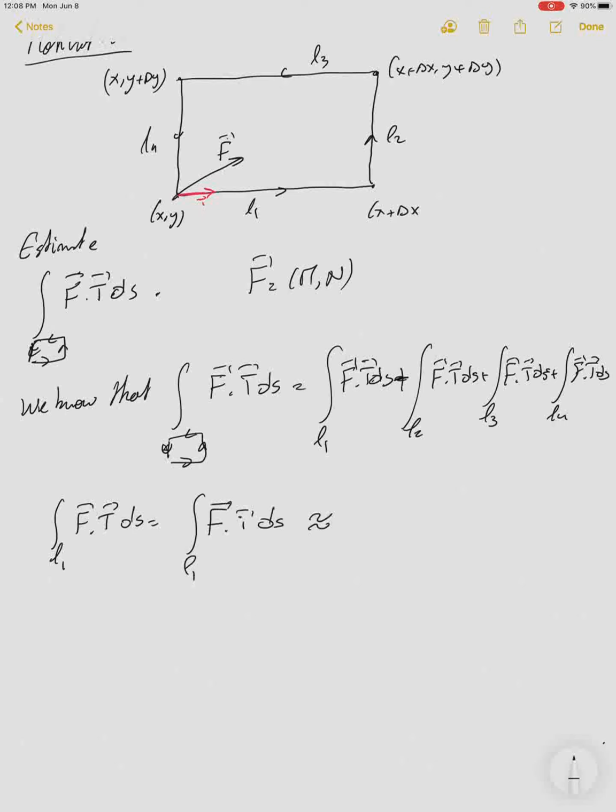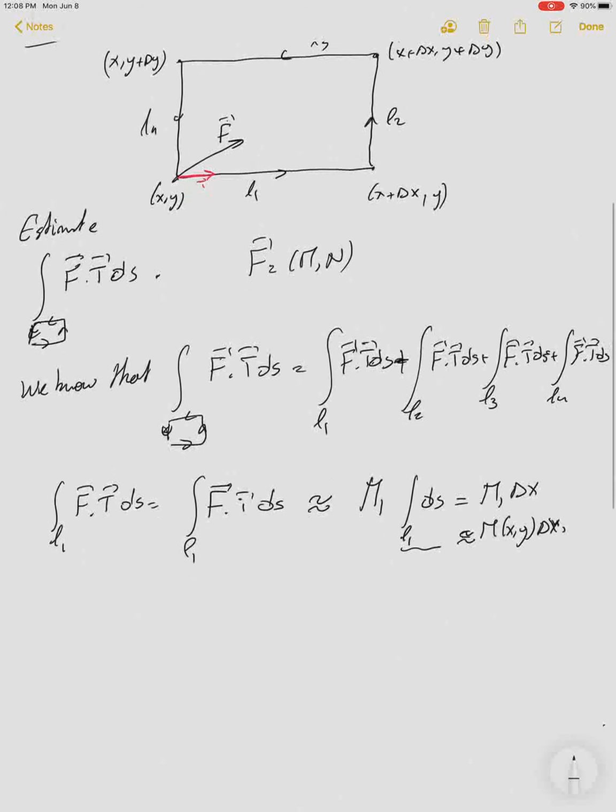Let's assume that delta x is very small, so that F is approximately constant on each side. So this will be M1, because F is M, N, times the integral over L1 of ds, which is the length of L1, so M1 delta x, approximately M of x, y delta x.